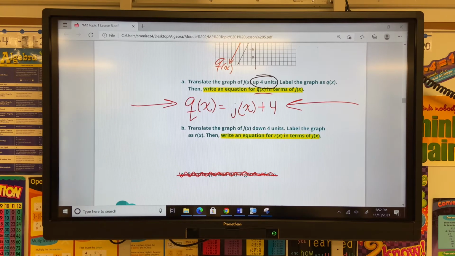We are going down 4 units. How would I write R of X in terms of J of X? Very good question, because obviously we can definitely write it.